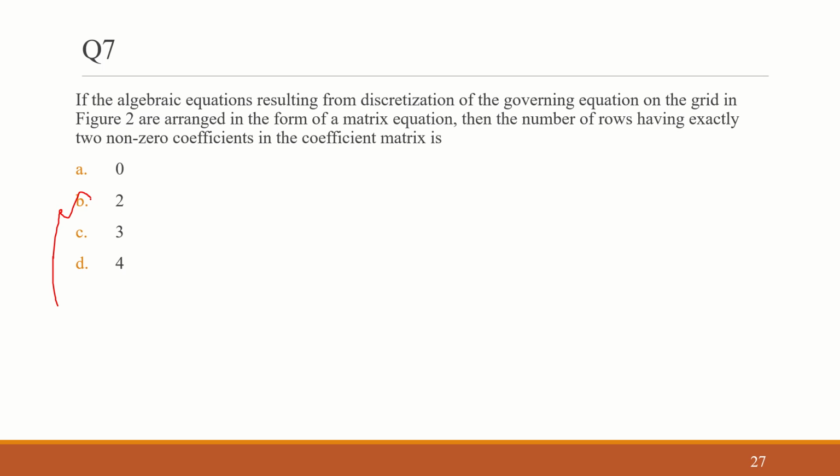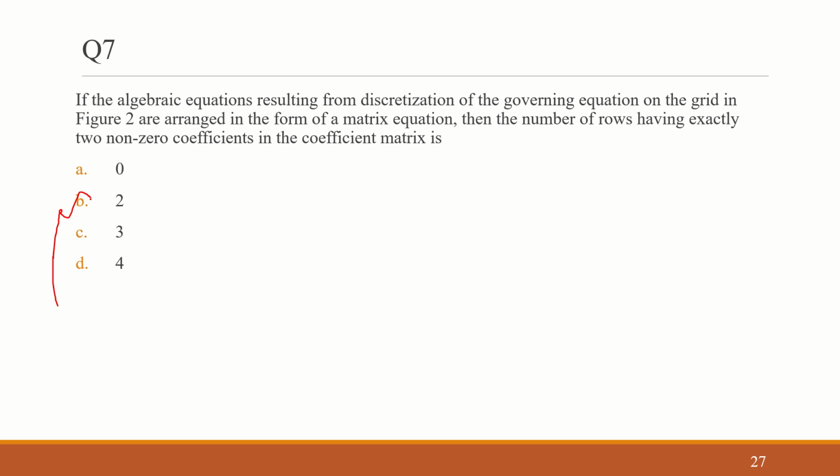If there are only two non-zero coefficients, how many rows will have them? The number of rows is indirectly the number of cells. So the number of cells with two non-zero coefficients happens when that cell is sharing only one wall with the neighbors.